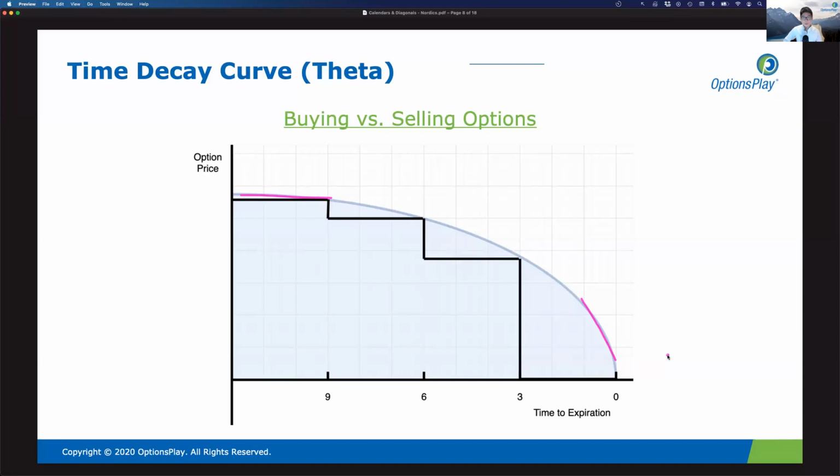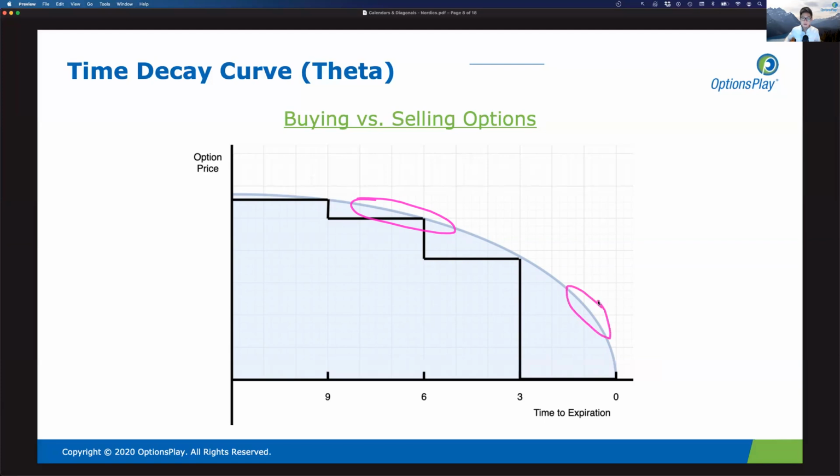This is what we want to use to our advantage when we're trading a time spread. Effectively, we want to buy options out here because they have lower time decay, because when you're buying something, you don't want the value of that thing falling very fast. And when you're selling something, you want the exact opposite. You want the value of that option to fall very fast.